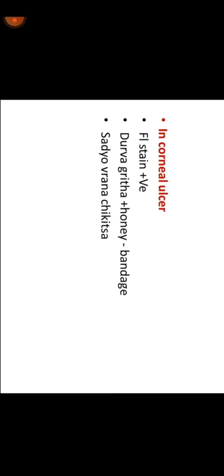Check to what extent this staining is happening, and if the staining or the ulceration started immediately after some exposure to a foreign body or some chemicals, then we can start the bandage with durva and honey, just as in sadyovrana chikitsa. Start the sadyovrana chikitsa if the patient has an acute corneal injury.